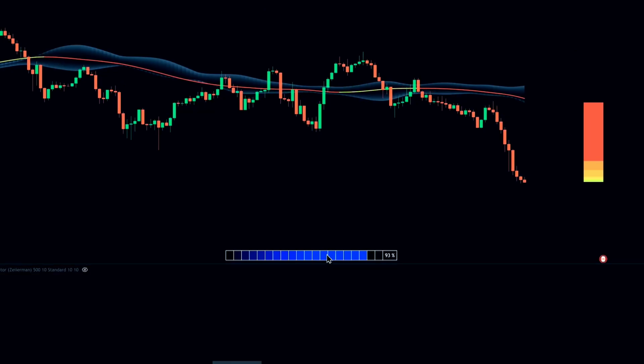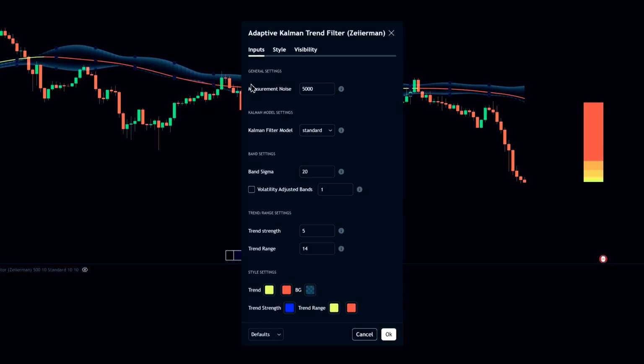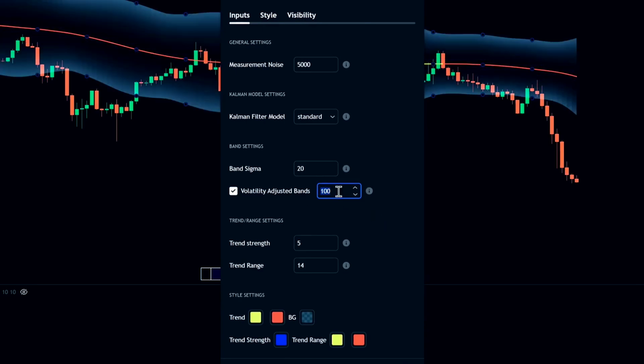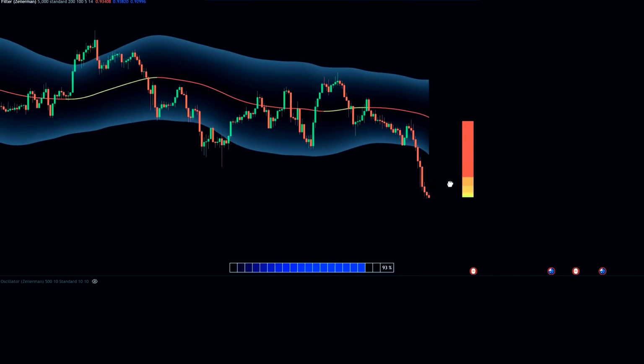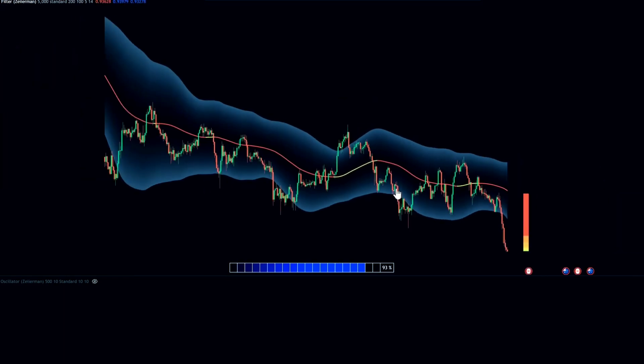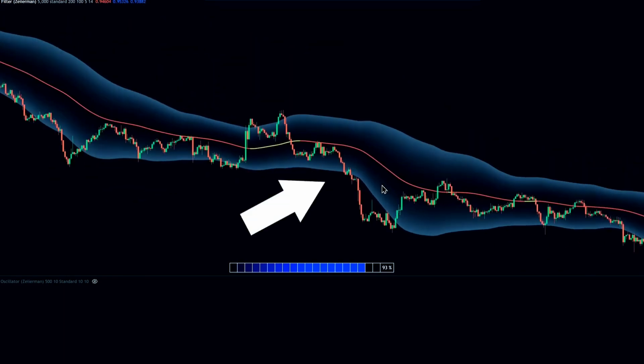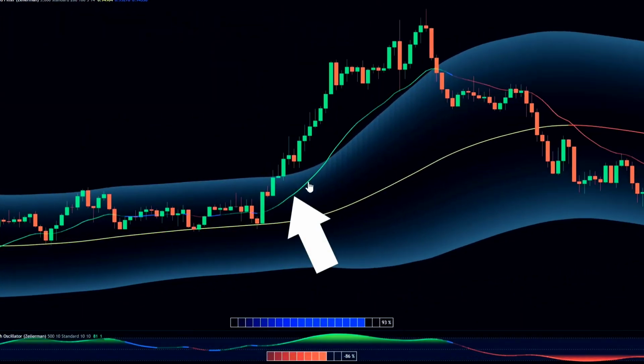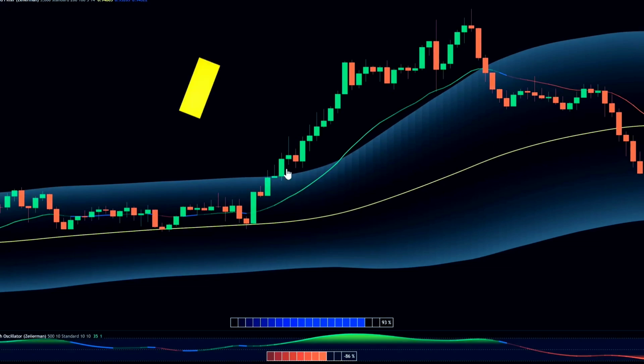The top indicator also has a cool feature called Volatility Adjusted Bands, which you can enable in the settings. When activated, these bands change thickness based on market volatility. For example, thicker bands during high volatility can signal potential breakouts. In a bullish trend, when the price breaks above the upper band, it's a strong signal to go long.